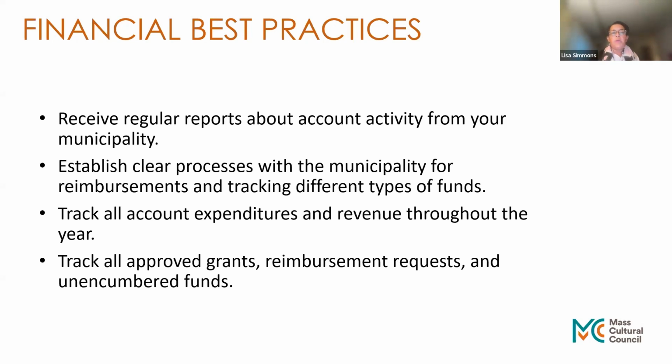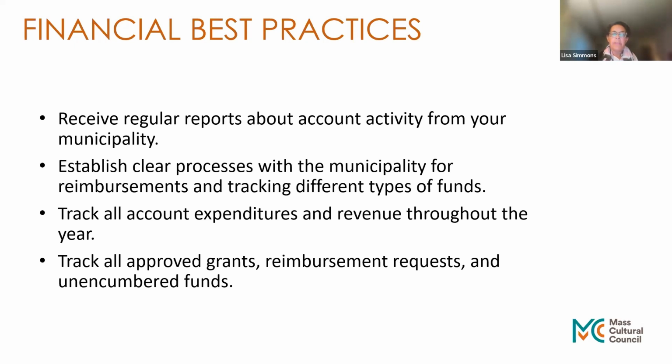One thing I will say before we go to Q&A is that right now, if you have a large amount of funds that are encumbered because approved applicants, grantees have not submitted reimbursements or their direct grant paperwork for fiscal year 23, it's always really good practice to email those recipients to ask them if they're going to be doing their program, if they're going to be using their funds.